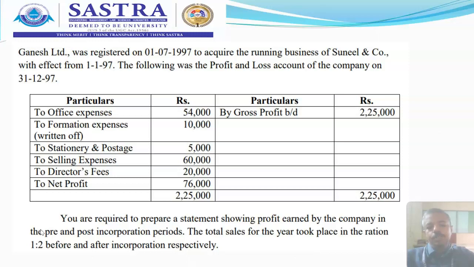So these two are the important things for segregating all the expenses before and after the incorporation, based on the nature of expenses and income, whatever is given in the financial statement, particularly the income statement.